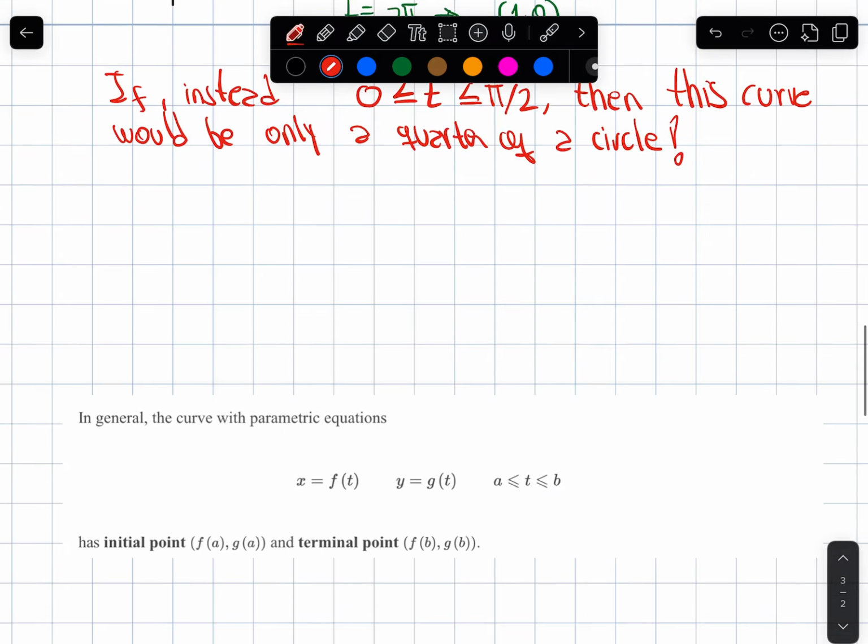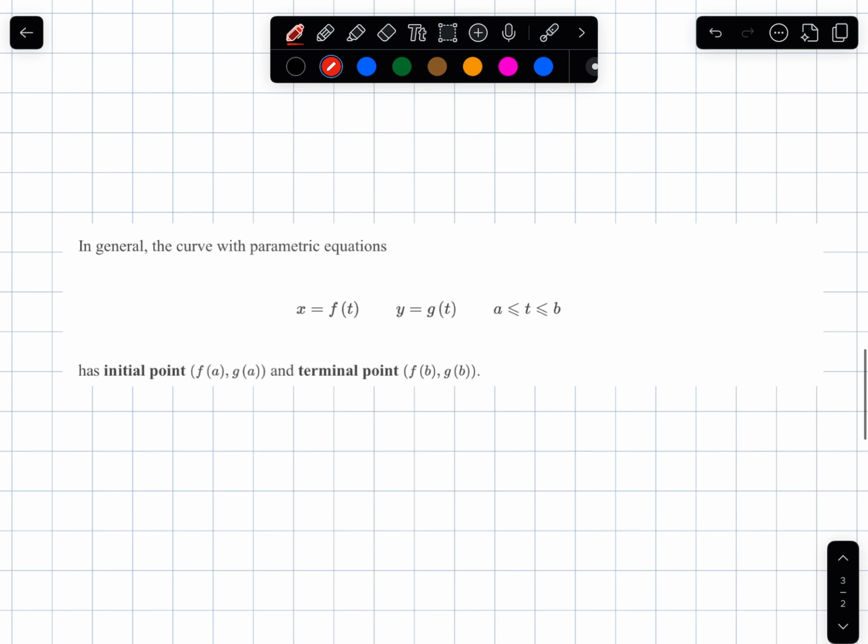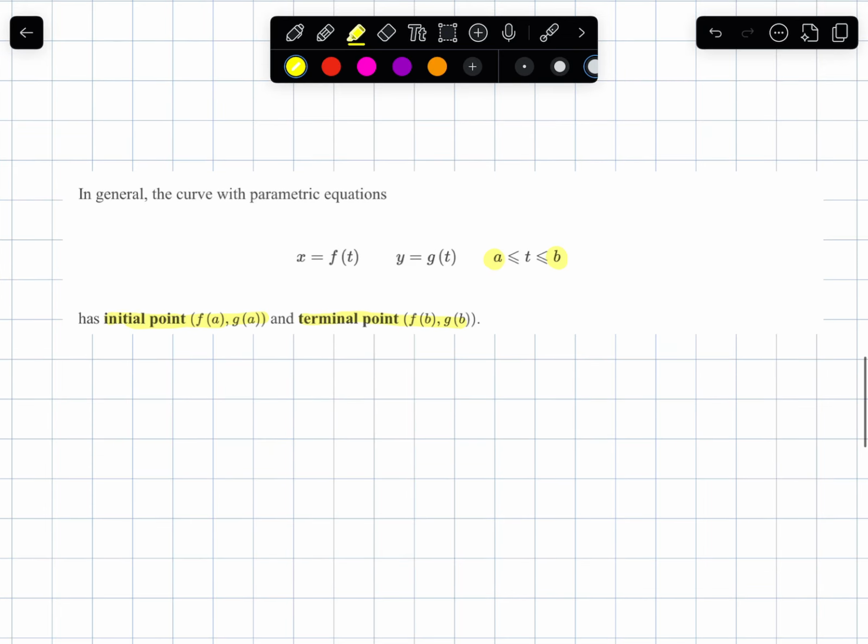And so just to work on nomenclature here, whenever this happens, the initial point that I get by plugging in the first t value is called the initial point. And the last point that I get is called the terminal point. This is important nomenclature most of the time.